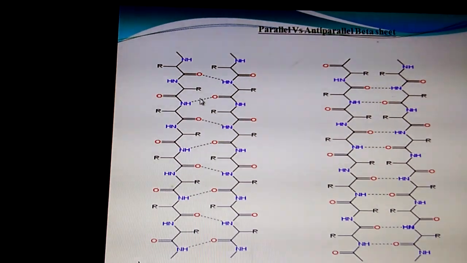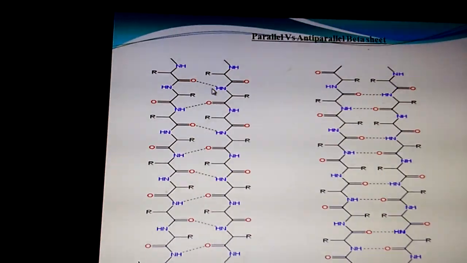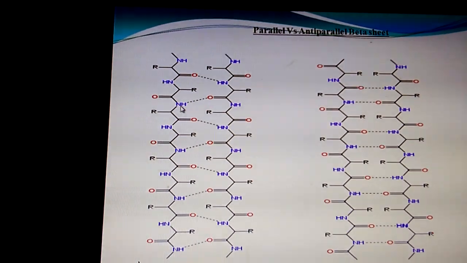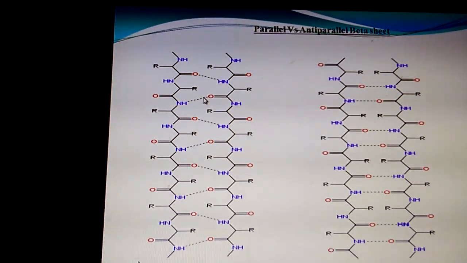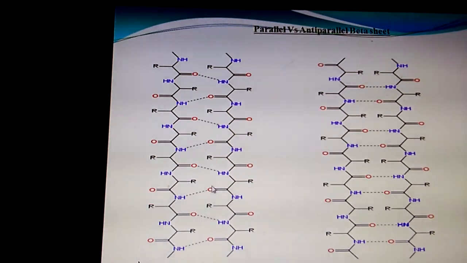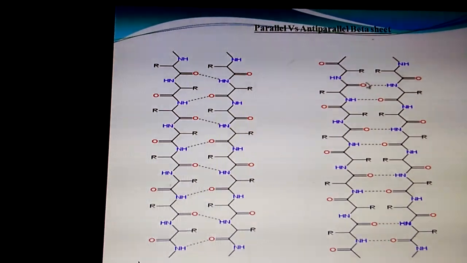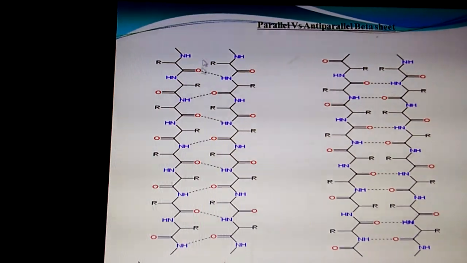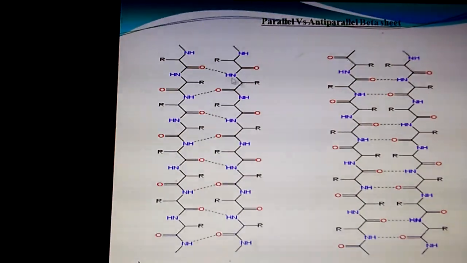So in this case, the hydrogen bonding occurs in a slanting position. We can see that this NH and CO group can form a hydrogen bond, but in a slanting position. These hydrogen bonds are actually slanted, but here the hydrogen bonds are actually parallel. The slanting increases the distance between the NH and CO group.